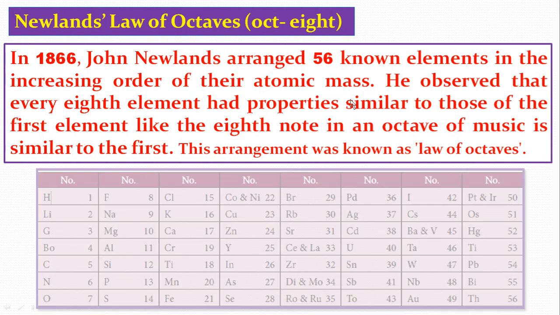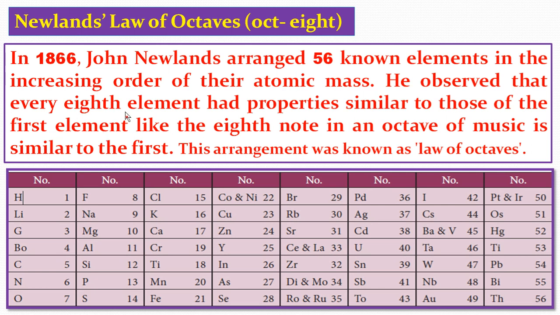So, he observed that every eighth element had properties similar to those of the first element, like the eighth note in an octave of music. In music it is sa, re, ga, ma, pa, da, ni, sa. So, in the same way, every eighth element is a kind of repetition of the first. So, this arrangement was known as law of octaves.